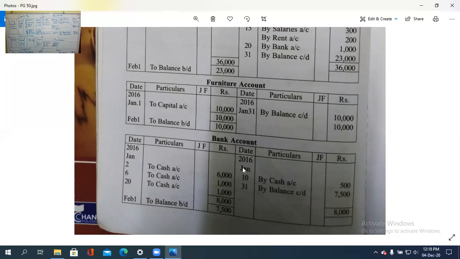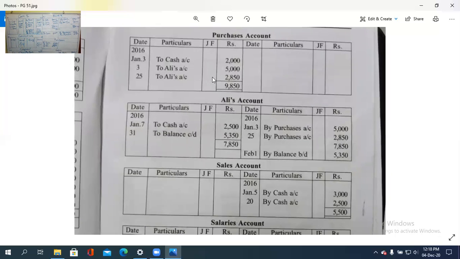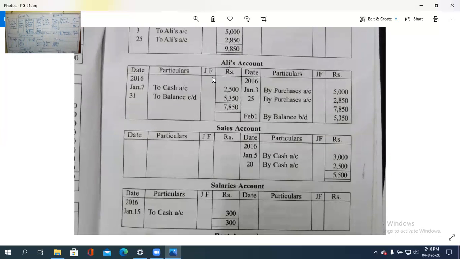And then let us look at Ali's account. Ali, debtor. We need to check Ali's account. See this one: to cash 2,500, by purchase 5,000, by purchase again 2,850.